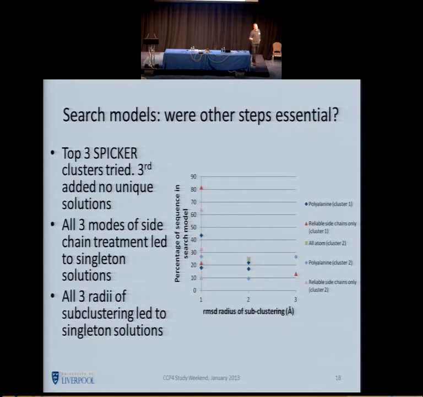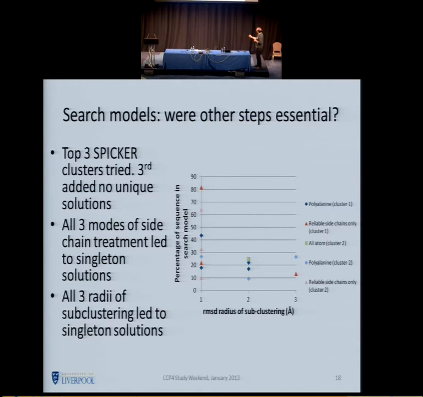That pipeline I showed you was quite complicated, and so once we had all the data, we went back and wondered if all of those ramifications, all of the different ways of dealing with things were actually necessary. And this tends to suggest that they are. What I'm showing here are what we call singleton solutions, so that's where only one of the search models out of the hundreds that are derived for each of the targets, only one of those search models was successful.